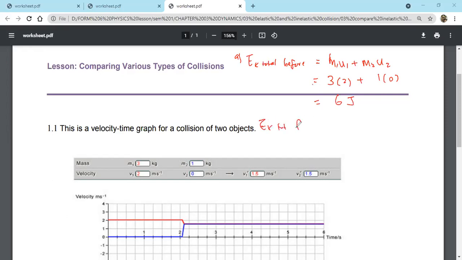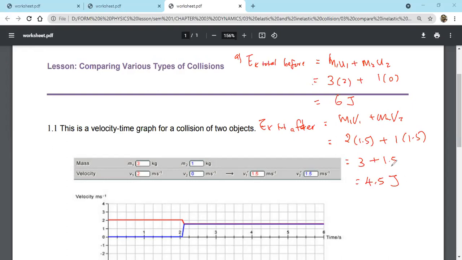The total kinetic energy after equals 2 times 1.5 plus 1 times 1.5, so 3 plus 1.5, which is equal to 4.5 joule.